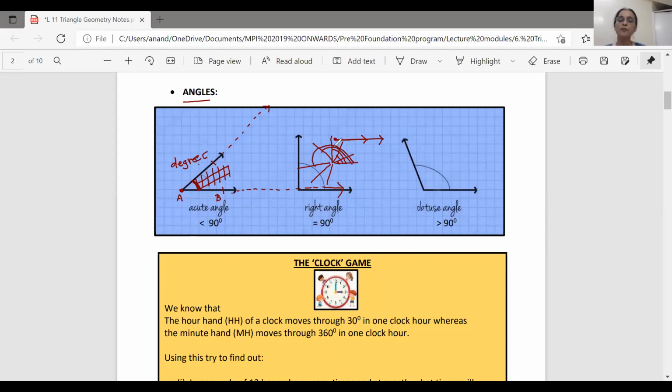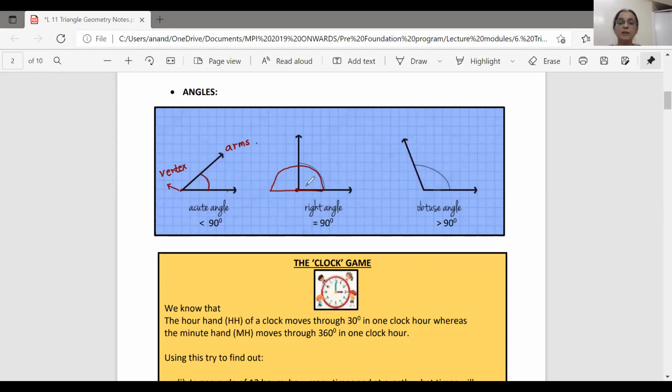And all of you must know using protractors from your compass boxes, wherein you place the protractor like this with its zero mark exactly on the common point, which is called the vertex of the angle. The common point through which the two rays come out is called the vertex of the angle. And these two rays are called the arms of the angle. And the position or the inclination of these two rays is measured in degrees with the protractor.